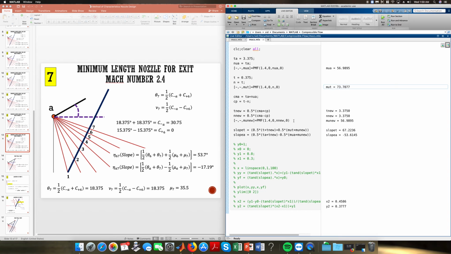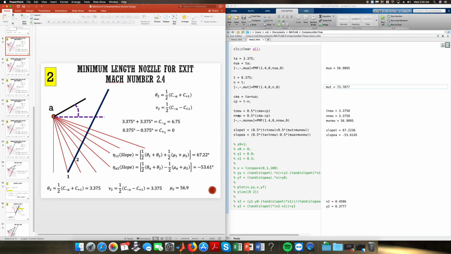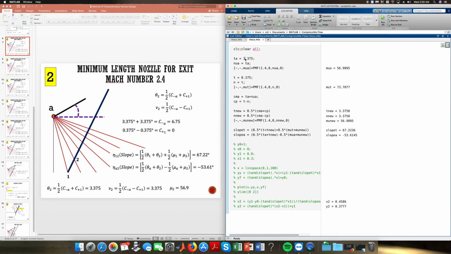Let's look at that now. So what I did here is that in order to code this, I first started with just regular code, just what we did in here. Say, let's start at point 2 because that's easier. At point 2, my theta a was 3.375, and my nu a was equal to theta a, right in here.